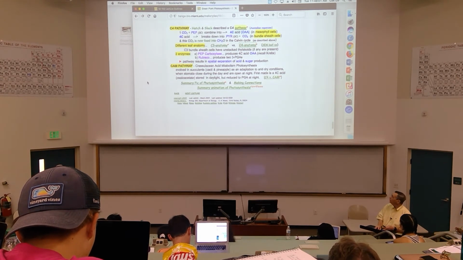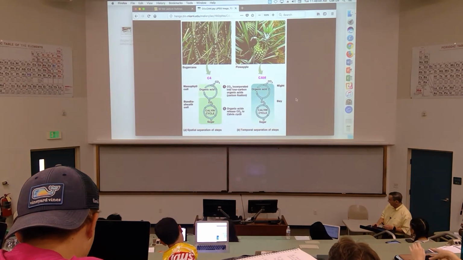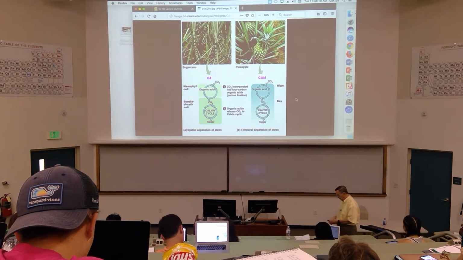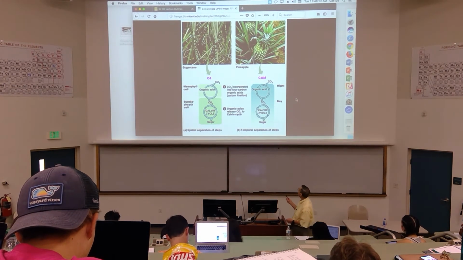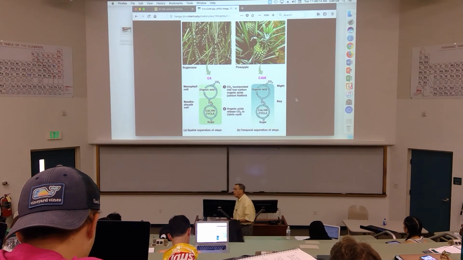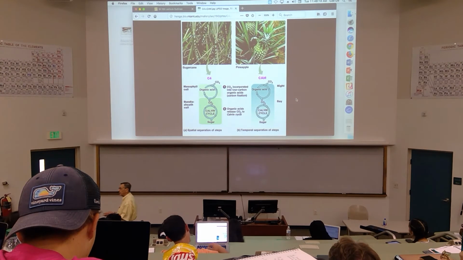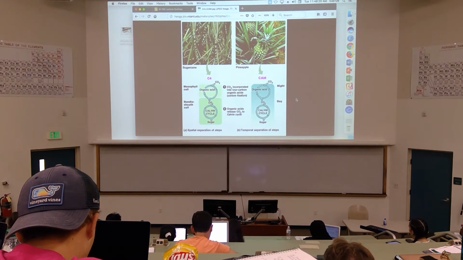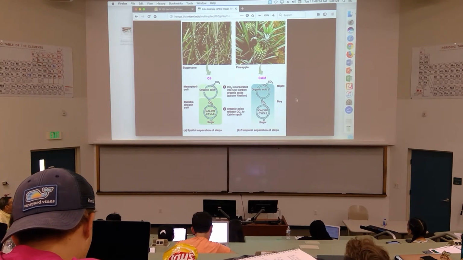It's called the CAM pathway, or crassulacean acid metabolism. This is a figure that will show you the difference between the two pathways. It involves two plants, sugarcane and pineapple. Both of them fix carbon dioxide into the 4-carbon acid oxaloacetate first. That classifies them as C4 photosynthetic systems.